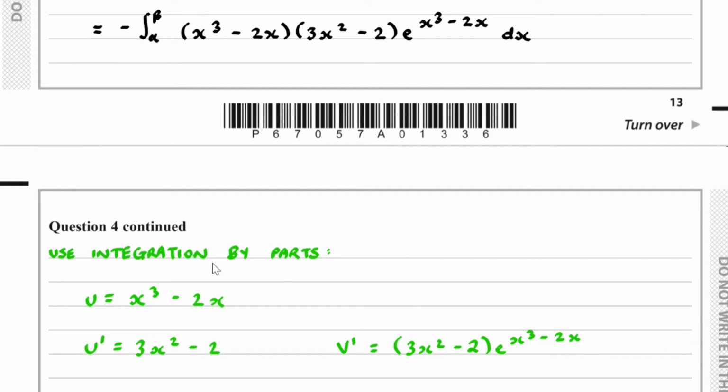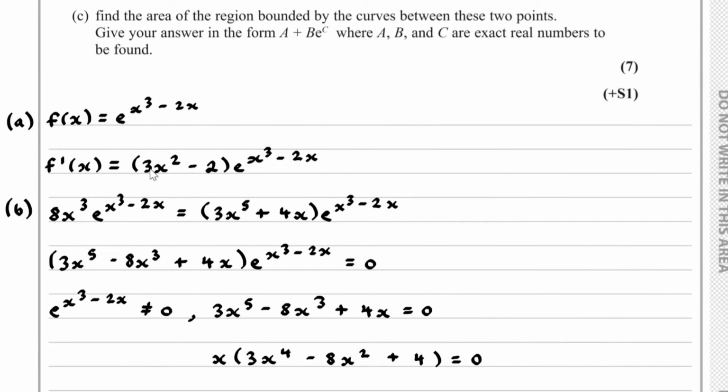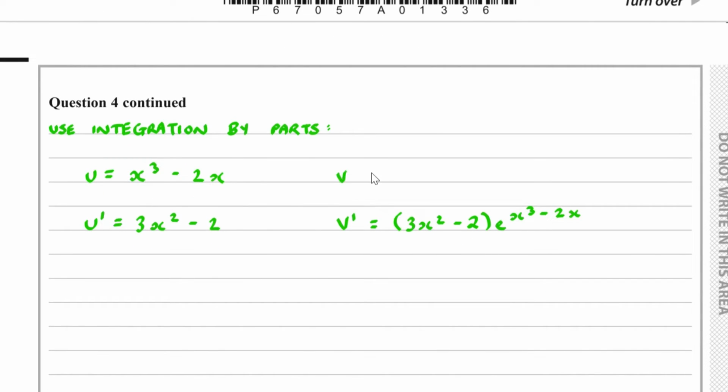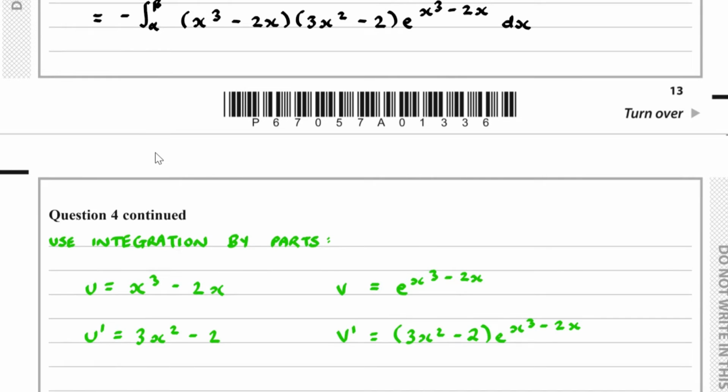And the reason I want v dash to equal this, well, notice what we did in part A when we found f dash of x. We found f dash of x to equal this, and if I integrate this, I end up with f of x. So that means v will simply equal e to the x cubed subtract 2x. And at this point we can find the integral by applying by parts.